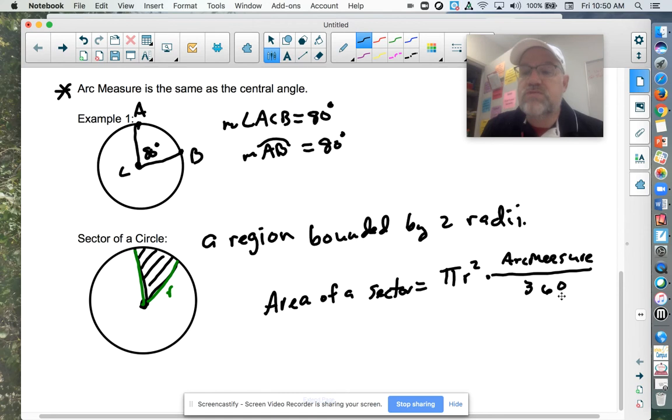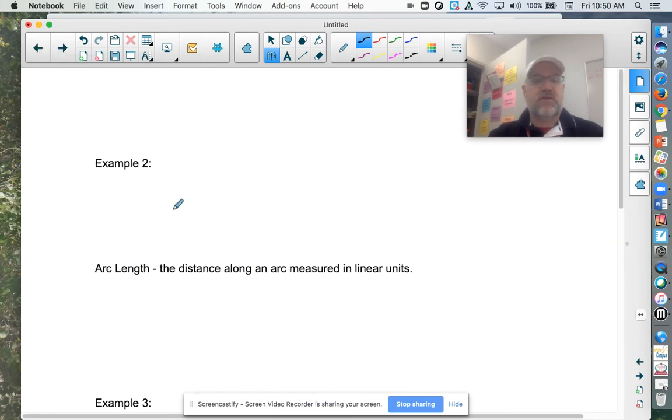It will always be divided by 360. So once we get that central angle, we divide that by 360, and we multiply that by pi r squared. Yeah, straightforward. That's how it works. Let's find a sector of a circle. I'll move on to page number 2. Stop this if you need to write these down or whatever.